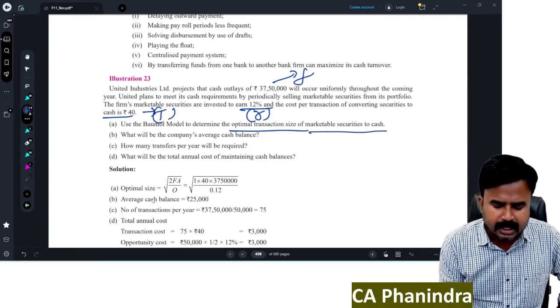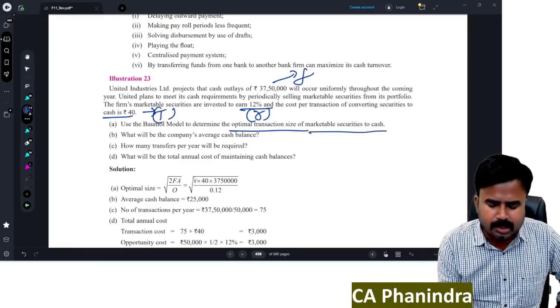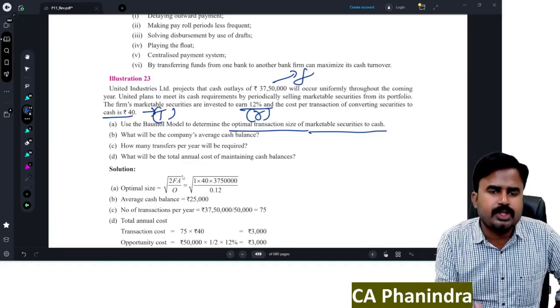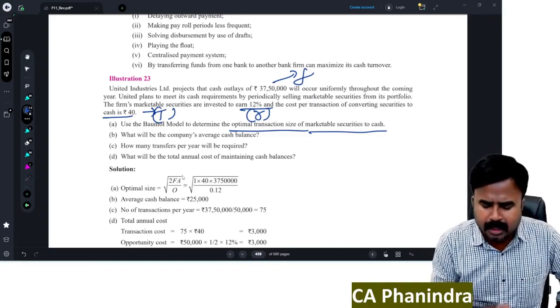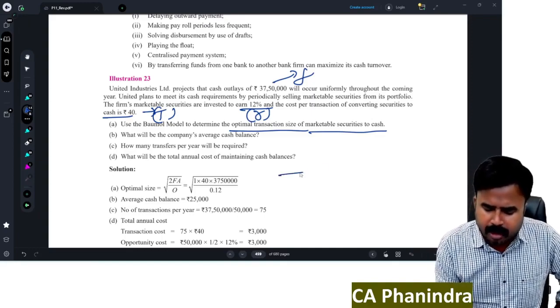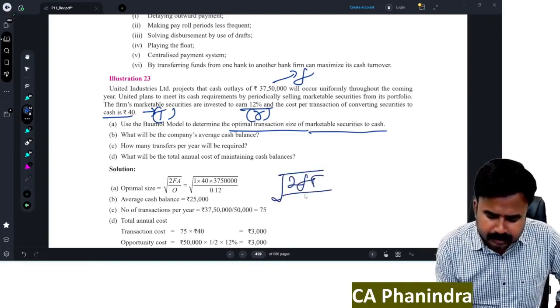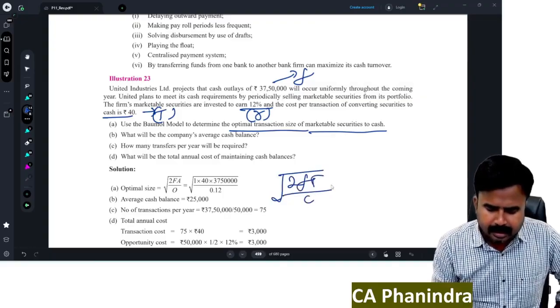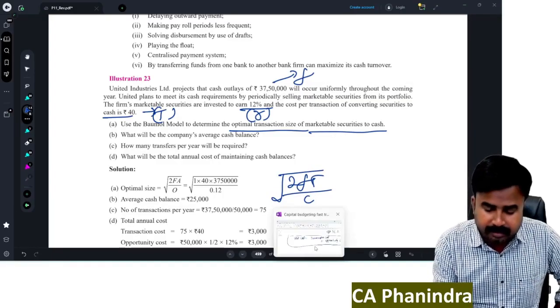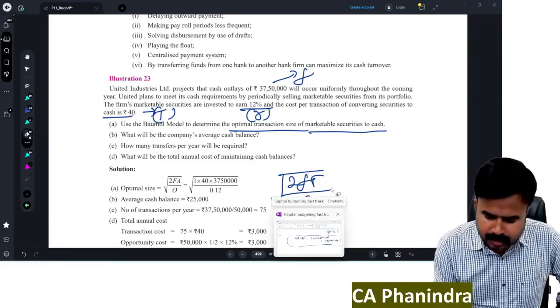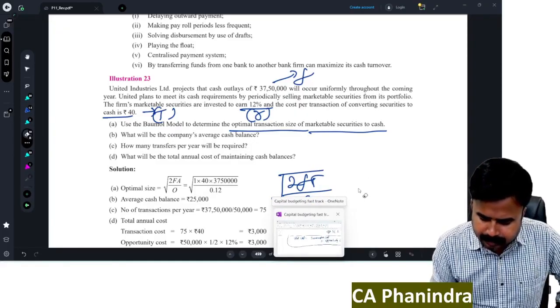So use Baumol's model to determine the optimum cash transaction size, or optimum lot size, of marketable securities to cash. Just now I told you optimum lot size is equal to square root of 2FT by R. They have used different notation, that's a simple notation difference.